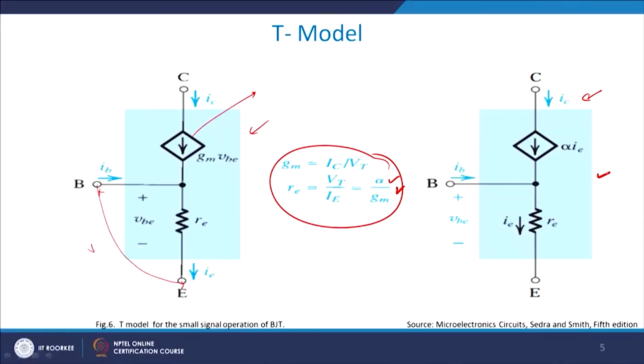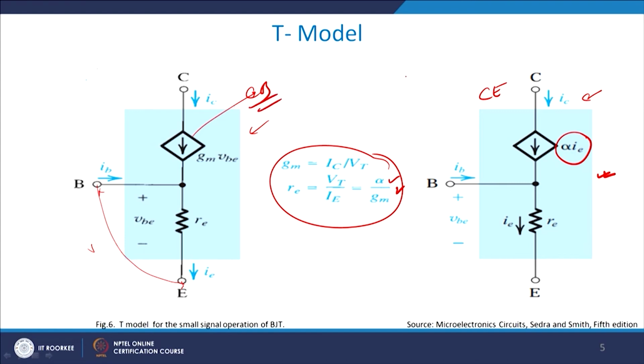And therefore, as you can see on the right hand side, if you look very carefully at the common base configuration, I get Re, and I get alpha times IE as the collector current. This is the common emitter configuration, CE, and this is for the CB configuration, and therefore I can get the value of this.